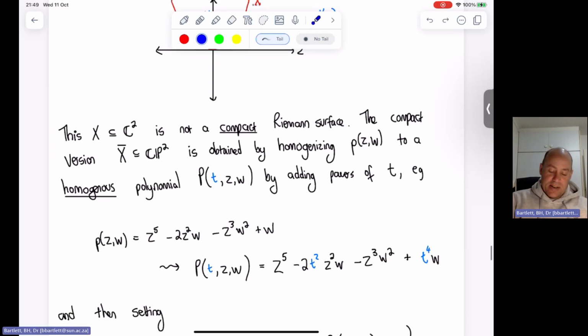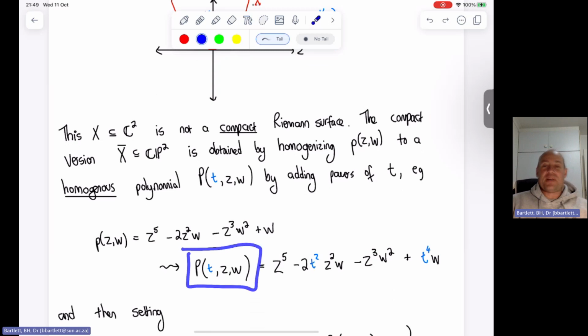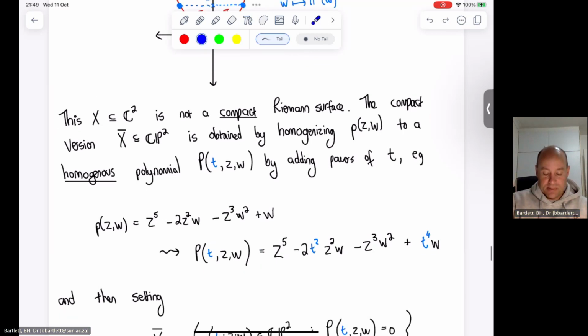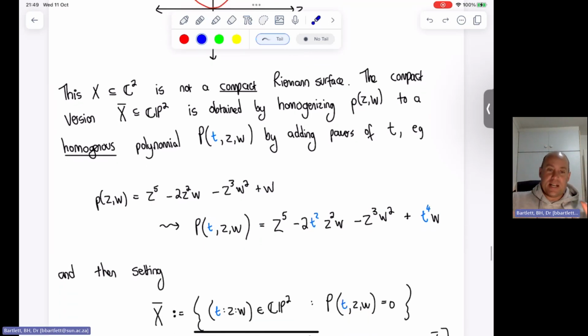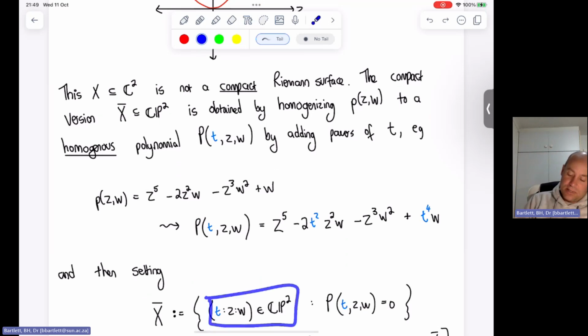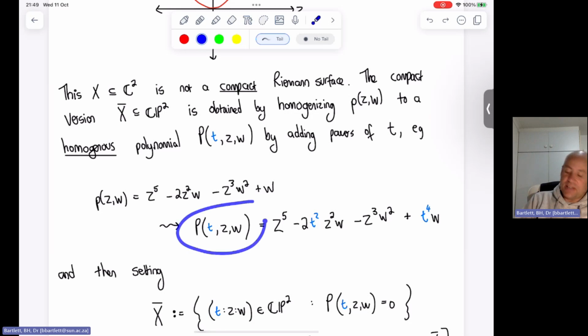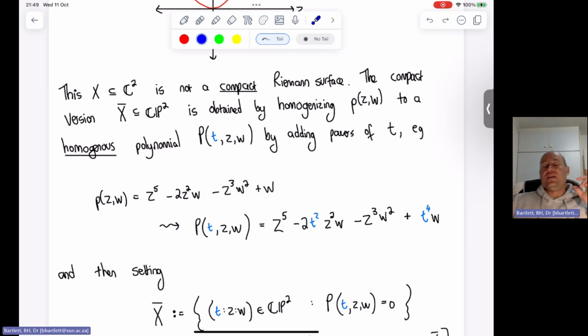And what's nice is that now I can think about the zeros of this polynomial inside CP2. Right? So I set X bar to be the set of points inside CP2 where this polynomial vanishes. A little subtlety there.